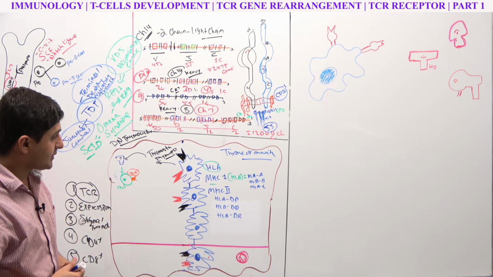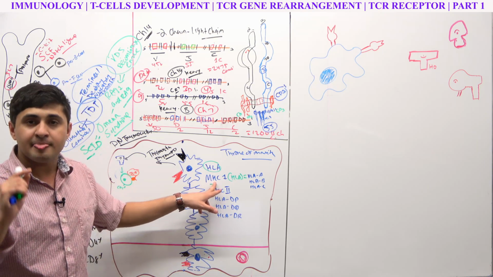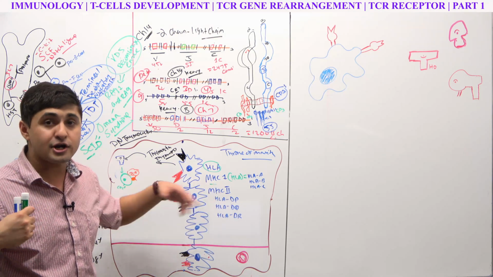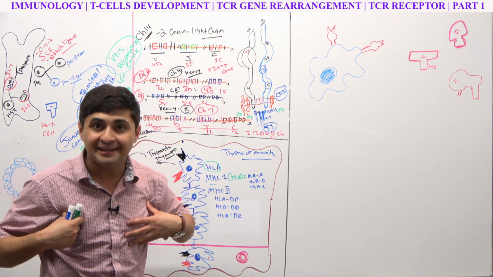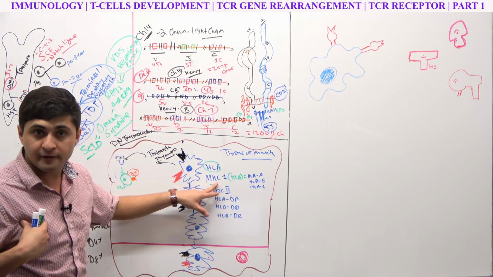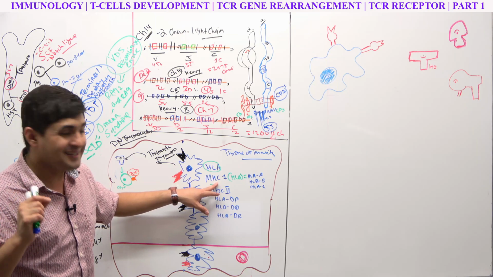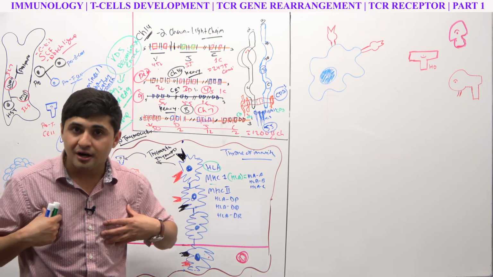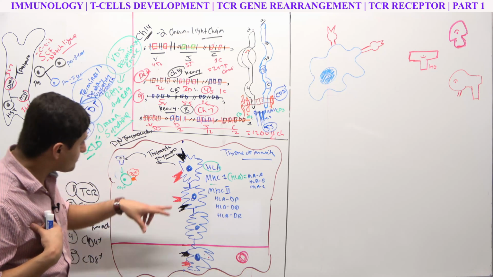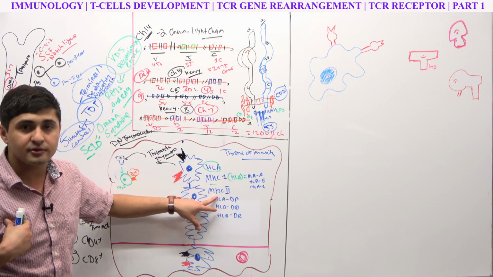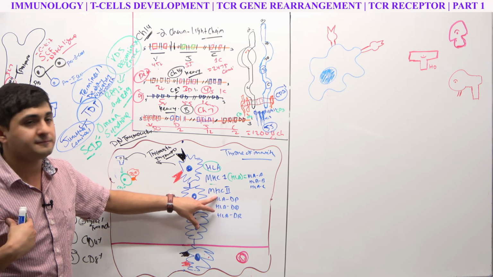The importance here is that MHC1 is present in all nucleated cells. Cells that are not nucleated, like red blood cells and platelets, do not show MHC1. Except for those two, all nucleated cells will have it. MHC2s are usually shown by thymic epithelium and by antigen-presenting cells, for example macrophages, dendritic cells, and B cells.